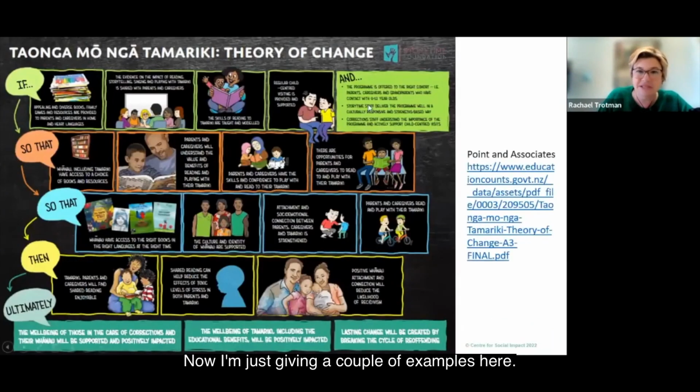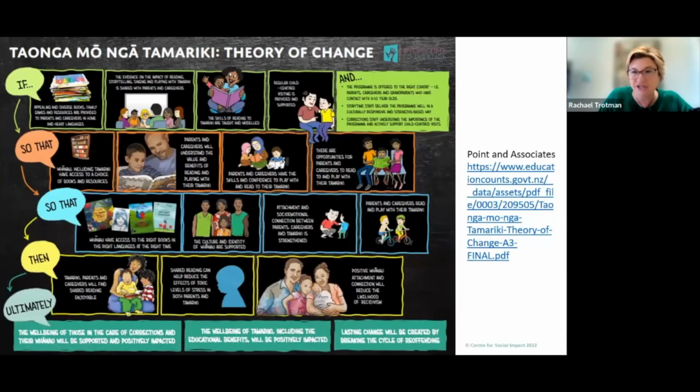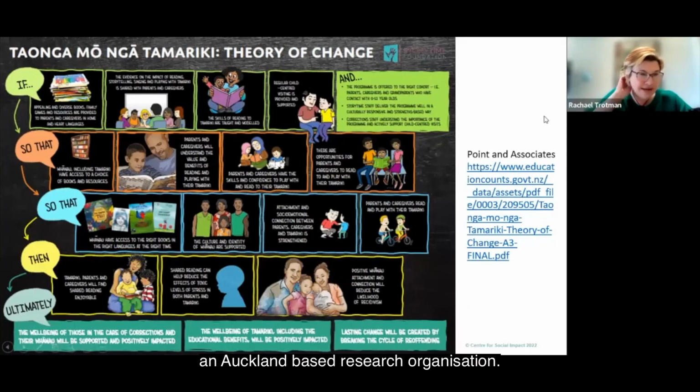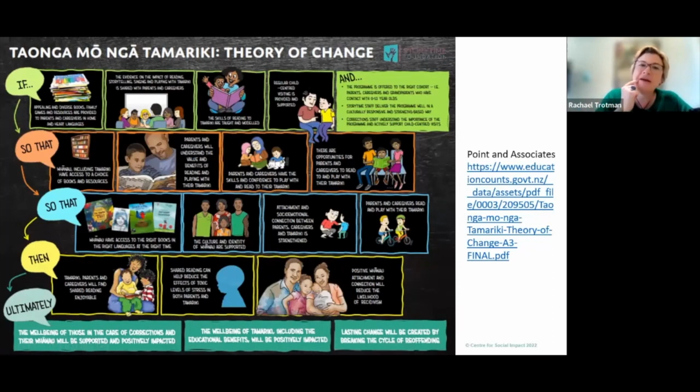Now, I'm just giving a couple of examples here. Don't worry about the words. I'm just showing you the structure of a theory of change. So this is one from Point and Associates, an Auckland-based research organisation. This is a theory of change for a reading program with whānau in prison.